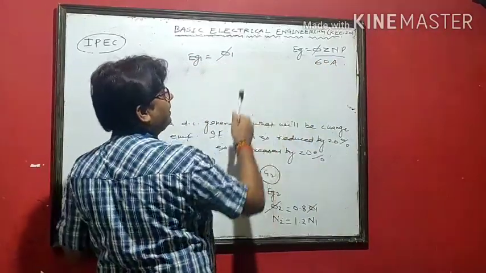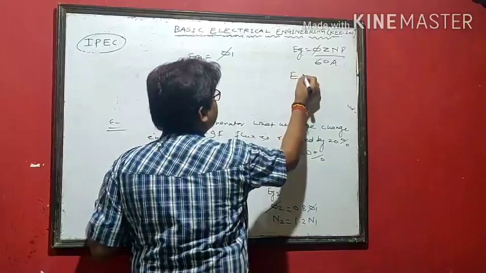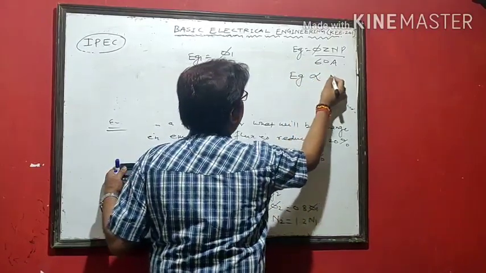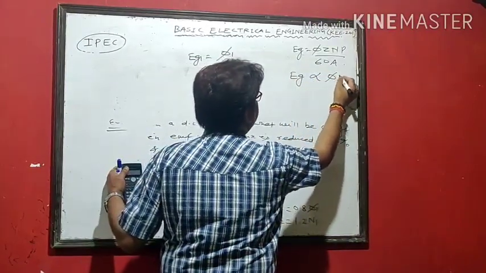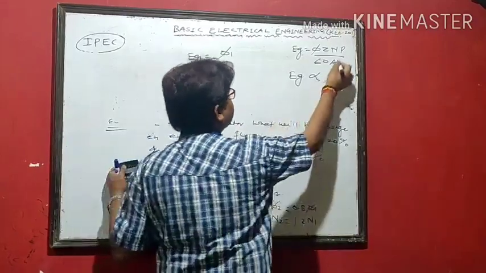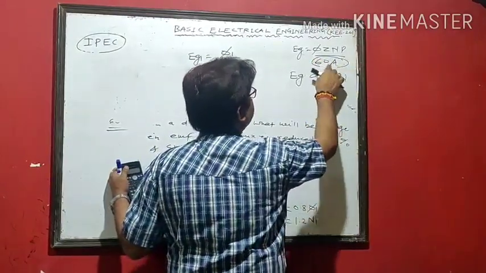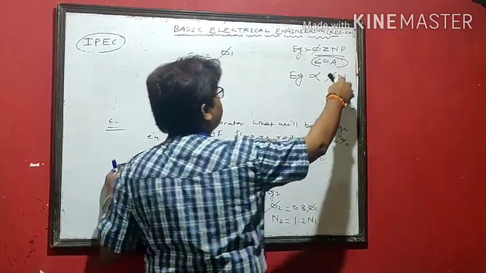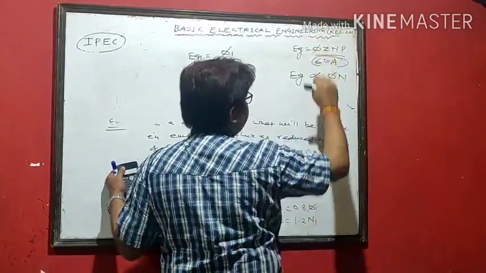In this equation, EG is proportional to phi n, because the number of parallel paths A is constant, P is constant, and conductors Z are constant.